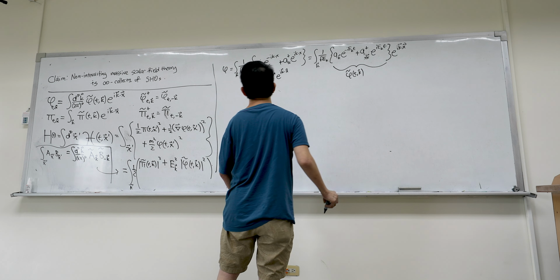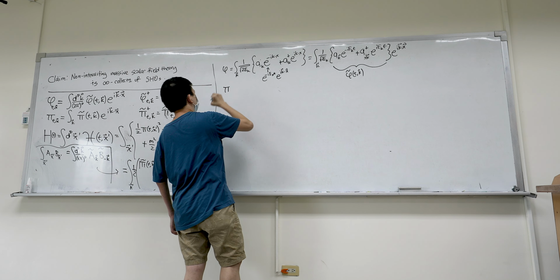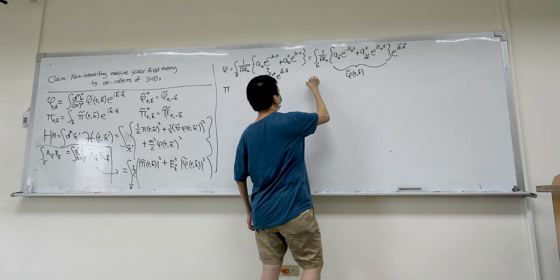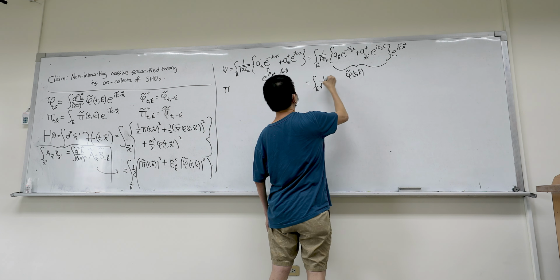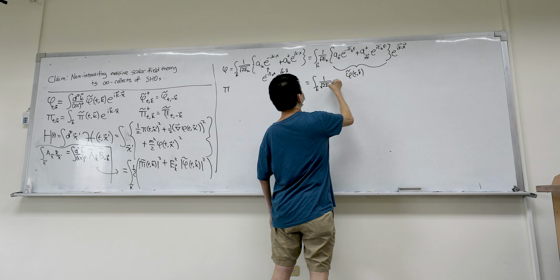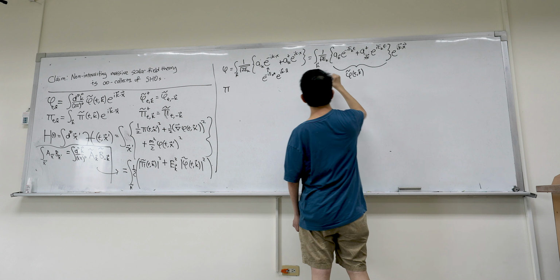So what is pi? Pi is just going to be the integral over k of 1 over square root of 2 e_k. But remember, when I take a derivative, it's going to give me e_k.